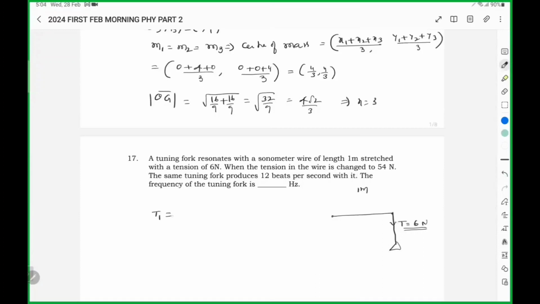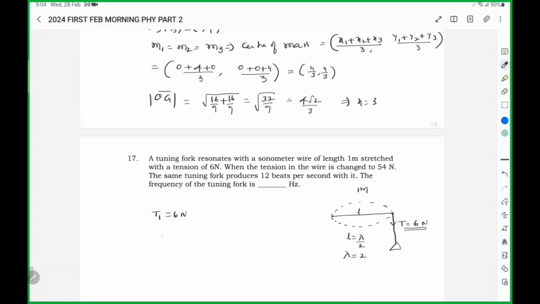Initially, tension is 6 newtons. In the fundamental mode, L becomes lambda by 2, so lambda is 2.